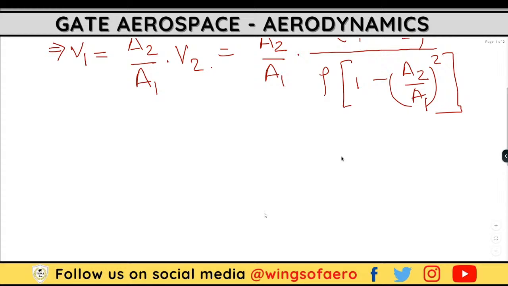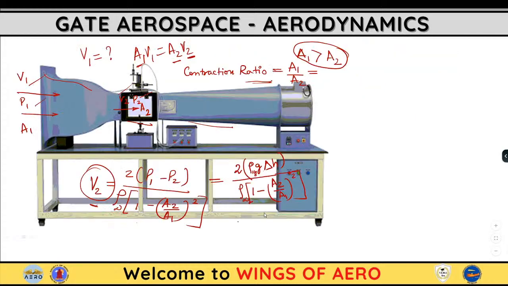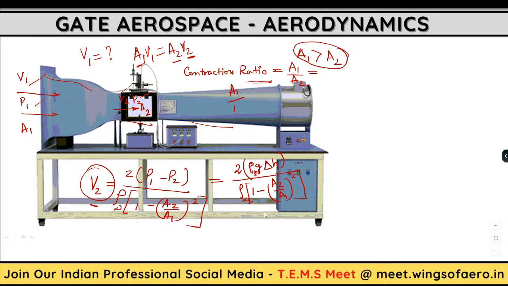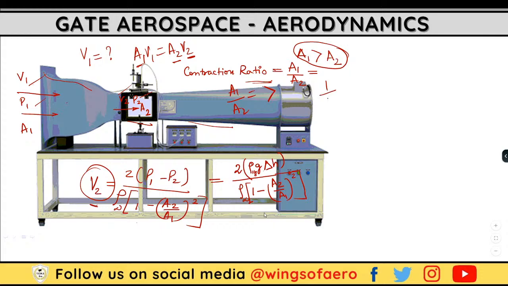What is the denotation of the contraction ratio, ma'am? See, the main meaning is that A1 by A2 should always have a high value. Sometimes in some problems the statement gives the contraction ratio as, suppose, 1 by 15 or 1 by 20.